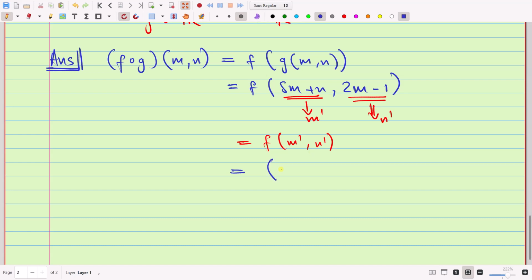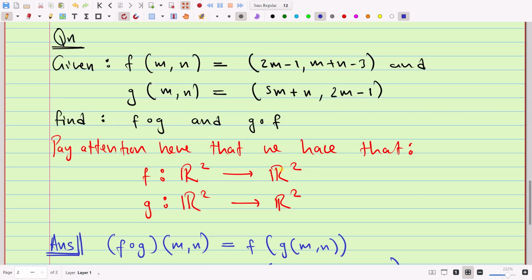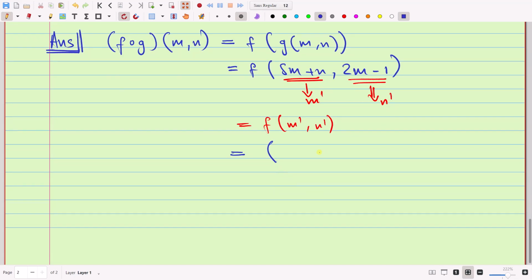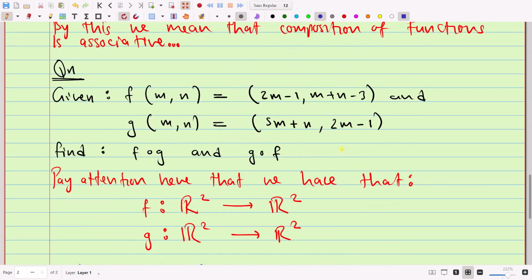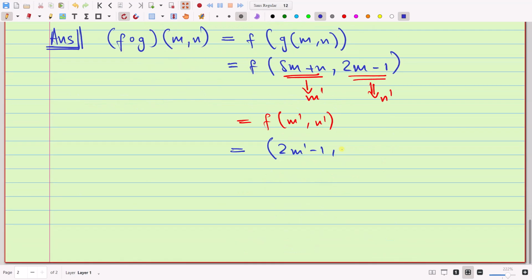According to the definition given, f of m prime, n prime is 2m prime minus 1, and m prime plus n prime minus 3.